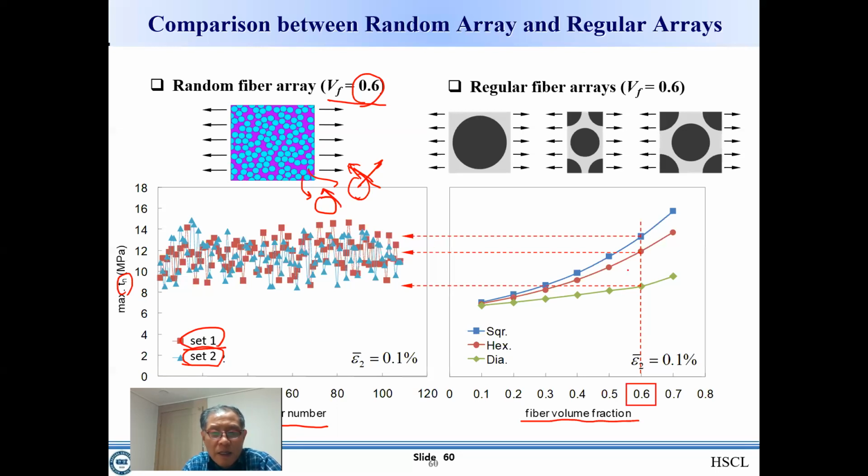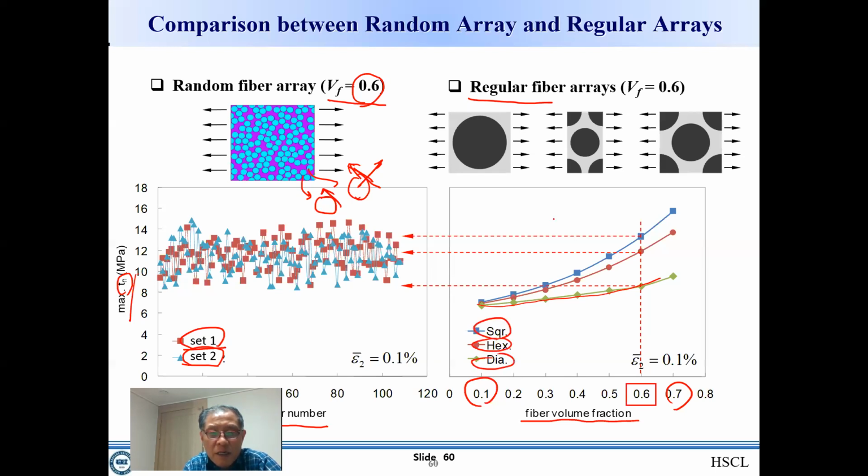Here, these three results are from a regular fiber array, and this one is from a wide range of fiber volume fractions from 0.1 to 0.7. We plot the maximum Tn, the same as this value, and you can see how these values change depending on these three models.